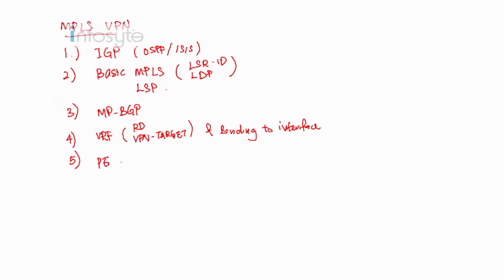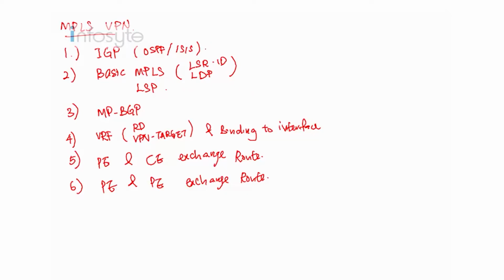So after the binding to the interface, number 5, PE and CE exchange routes. After CE and PE exchange routes, then PE and PE exchange routes. So these are the 6 steps that we need to be aware of to define the MPLS VPN.